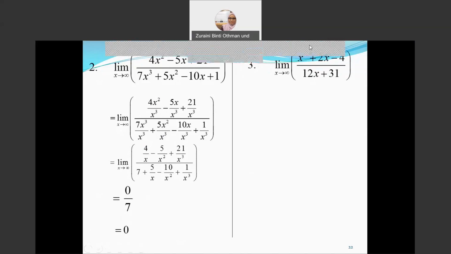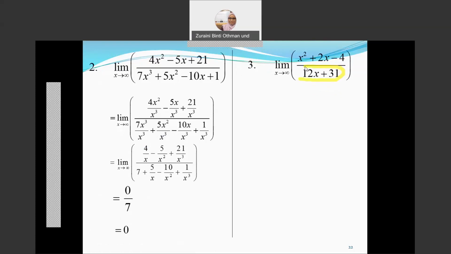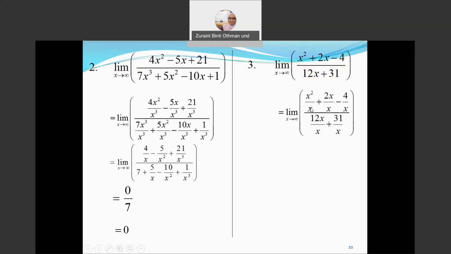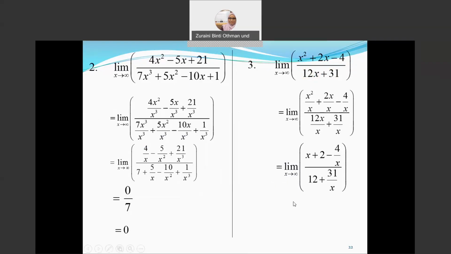But here we always remember that we have to look at denominator only. Then the highest power of denominator is x power of 1. So then we divide all the term with x power of 1, then we simplify it. Then here the final answer is infinity.